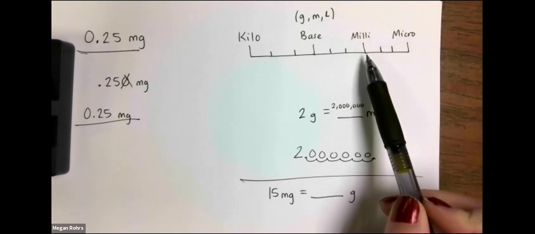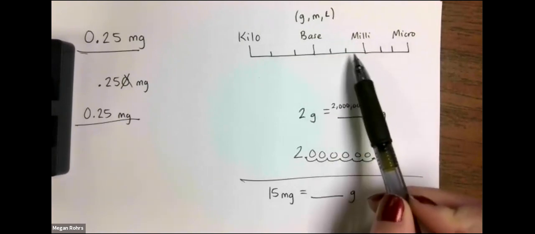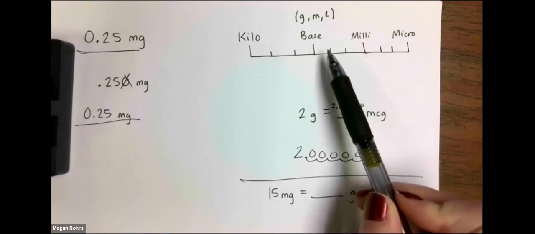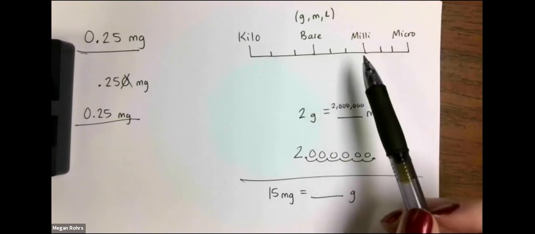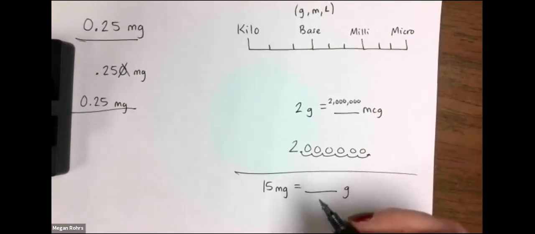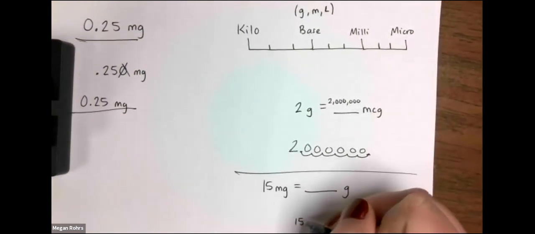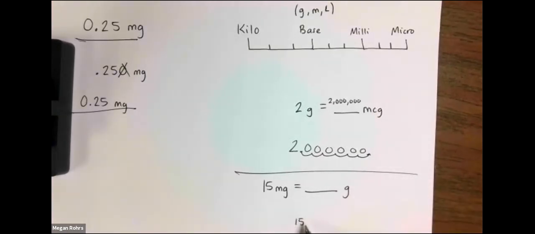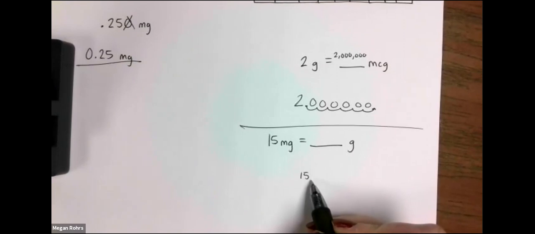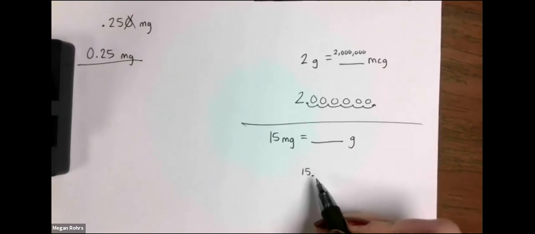So we're going milligrams this way now to grams. So we're going to the left, 1, 2, 3 spaces. So starting with my number here, 15. Once again, if you have a whole number, your decimal point is after the whole number. So my decimal point is here.